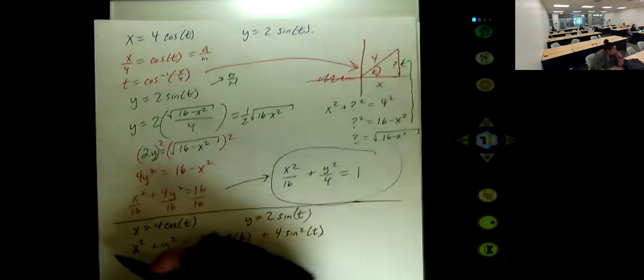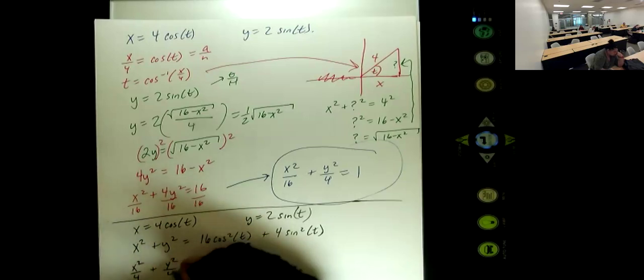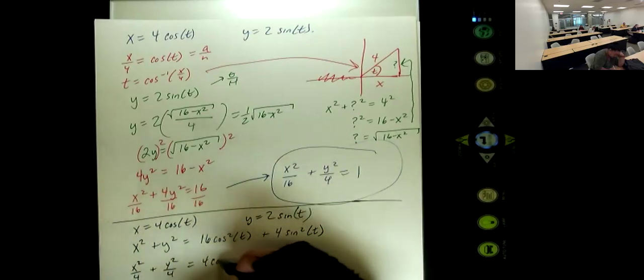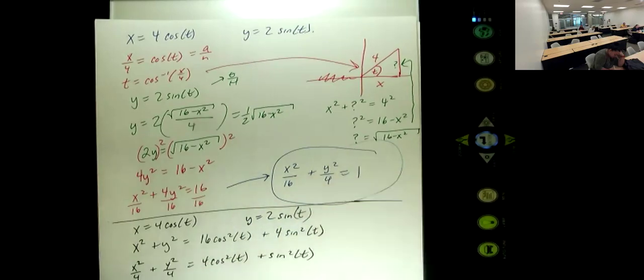And let's divide everything by 4 first. That helps get rid of the big numbers.